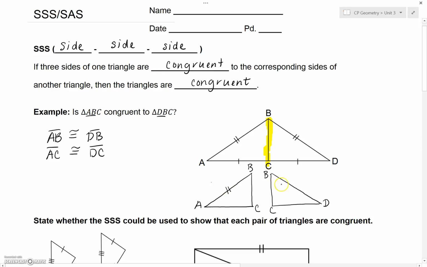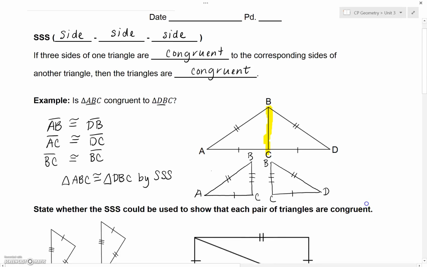I could remark our triangles, and now we know that BC has to be congruent to BC in each of those 2 triangles, because BC would be congruent to itself. So in the end, we would know that triangle ABC is congruent to triangle DBC by side, side, side. We can just use SSS.